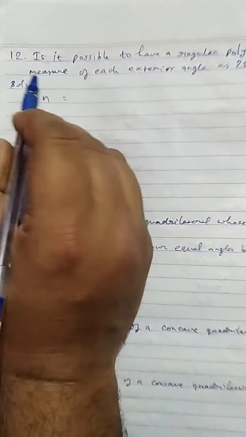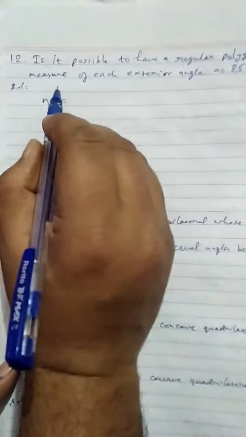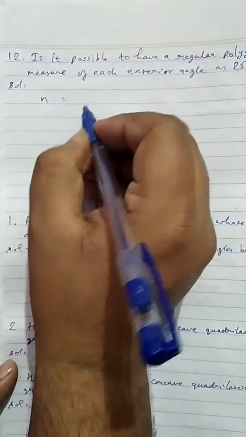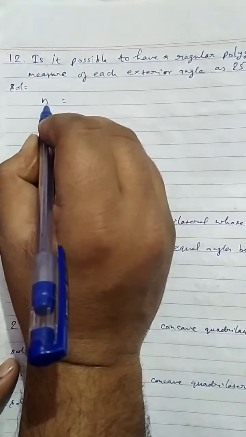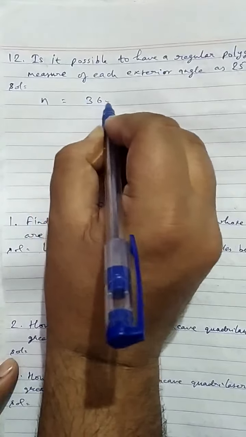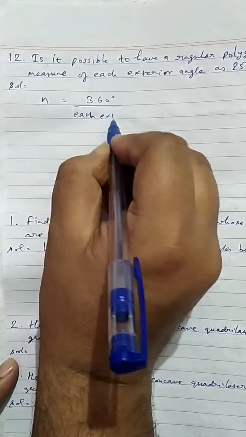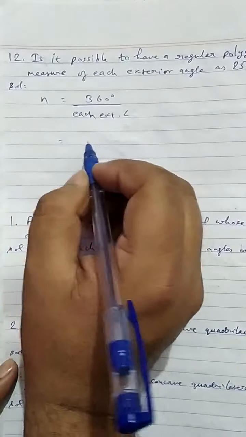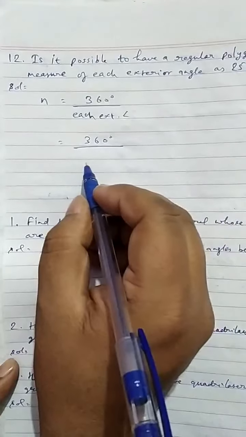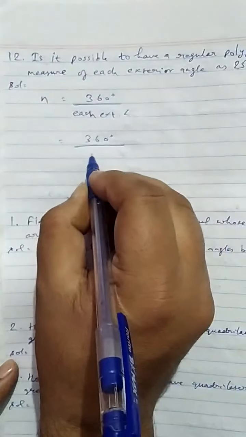Next, we will cover question number 12. Is it possible to have a regular polygon with measure of each exterior angle as 25 degrees? So you have to find the value of n. It's 360 degrees upon each exterior angle. If the value of n is a whole number, then such a polygon is possible, otherwise it is not.